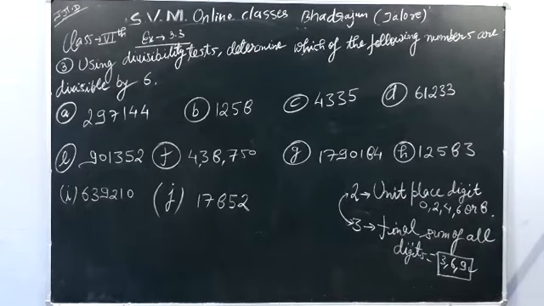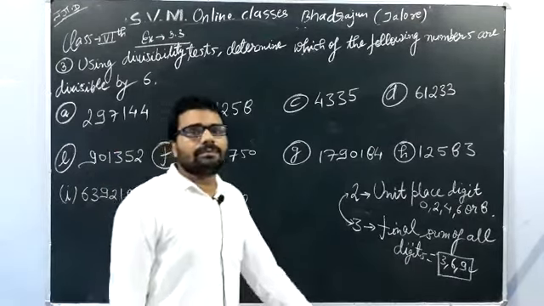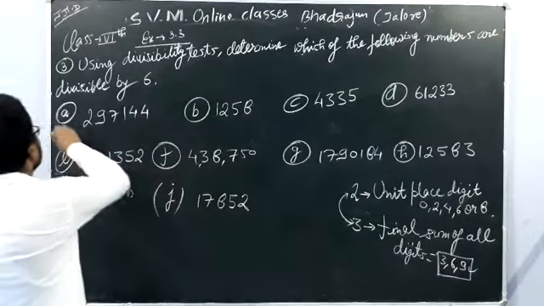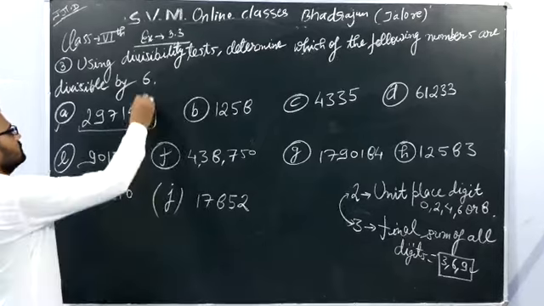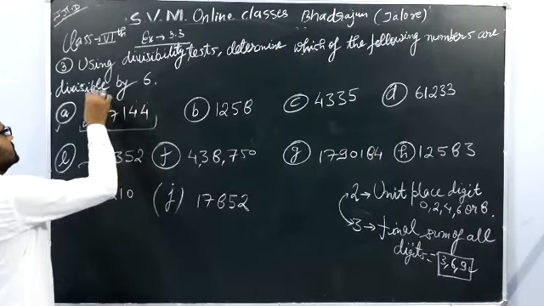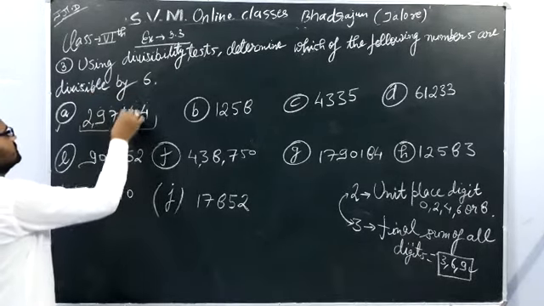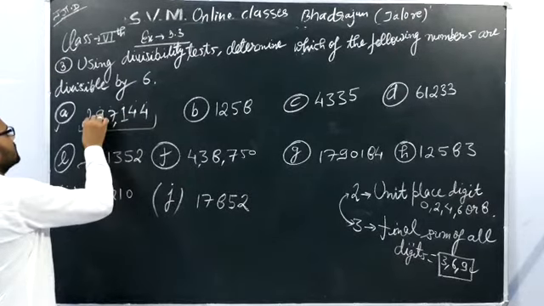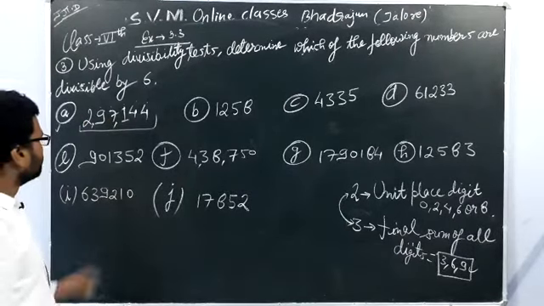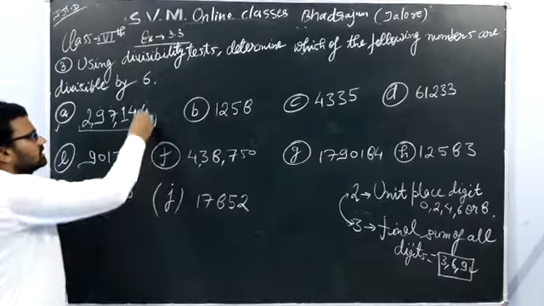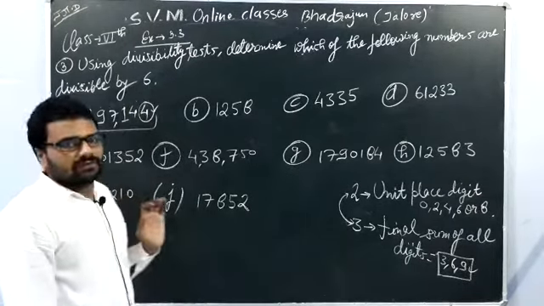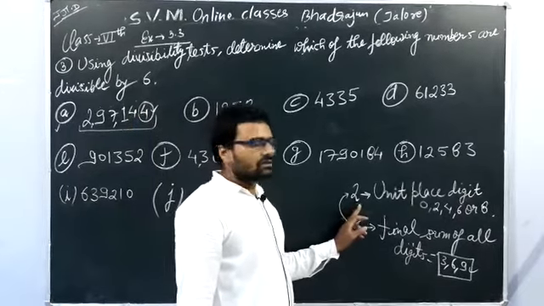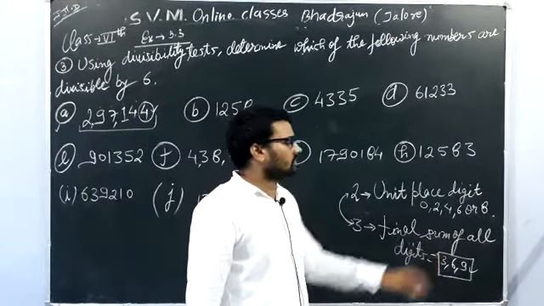So let us start with our part A, which is 2,97,144. So first here we are seeing our unit place digit is 4, which is coming in our rule of 2.